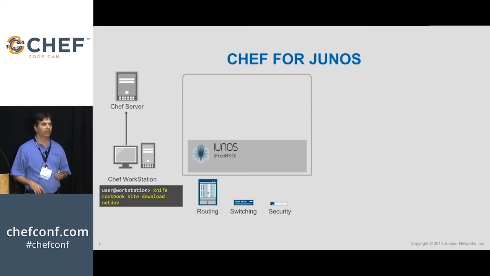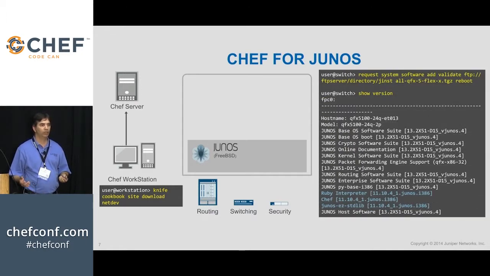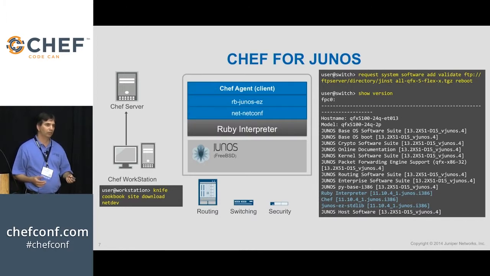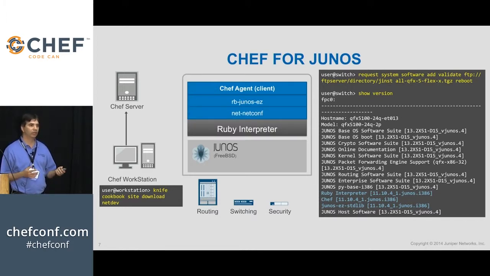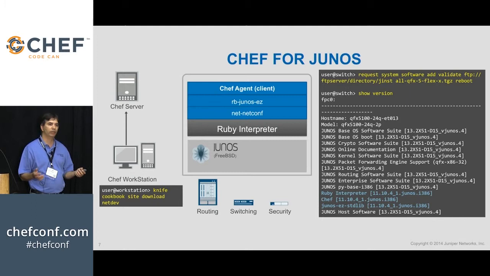Then the next step is you put the Chef client on the switch. Now I'm showing you how to put on a Chef client, which is pretty much like installing a package on the switch. Okay. Most of our newer switches are coming pre-bundled, so you will not have to do this step, but I'm just showing you so you can observe how it happens.